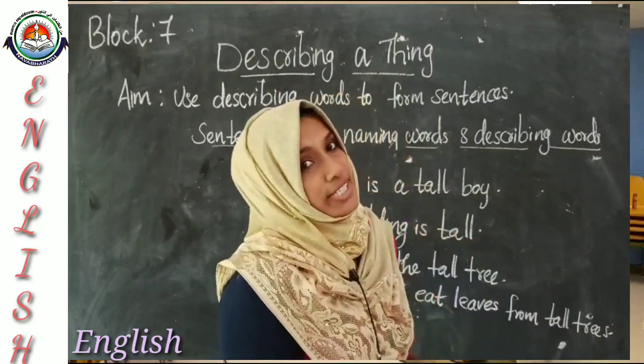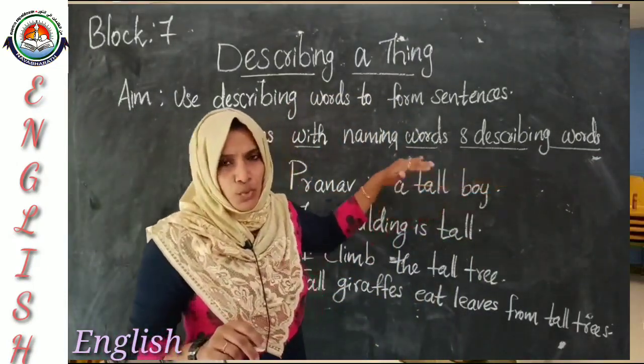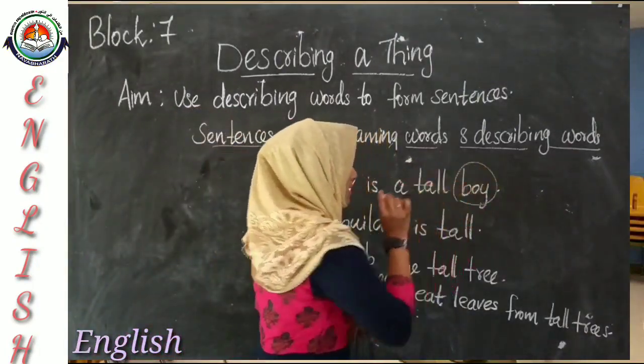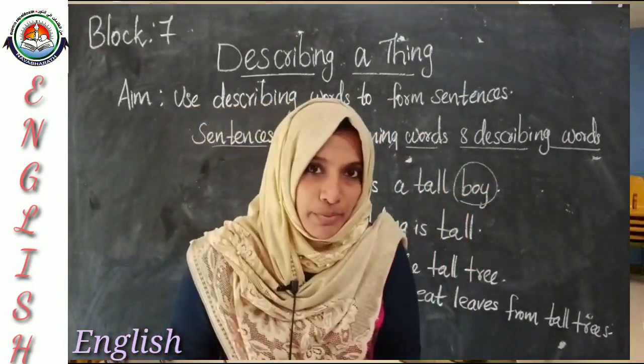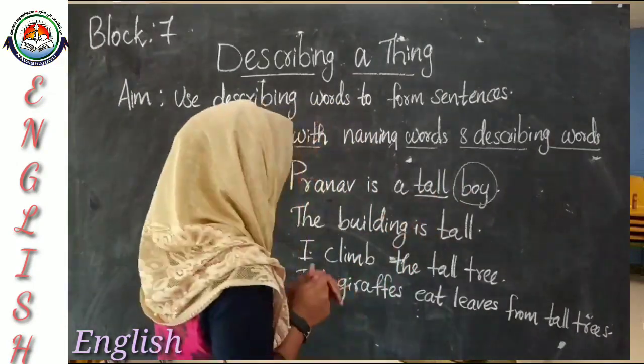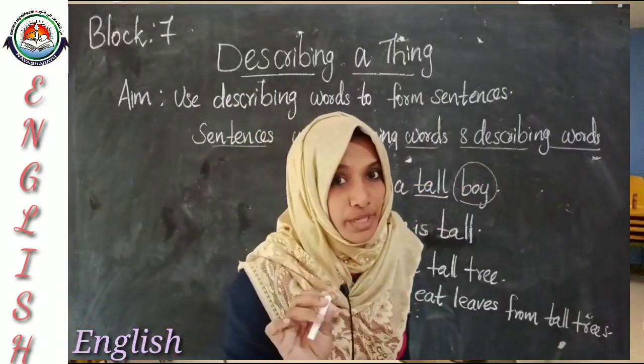See here, I have written some sentences. Pranav is a tall boy. So what is the naming word here? Yes, this boy is a naming word. And what is the describing word? Yes, there is no doubt, this tall is the describing word. And the building is tall. So what is the describing word here?